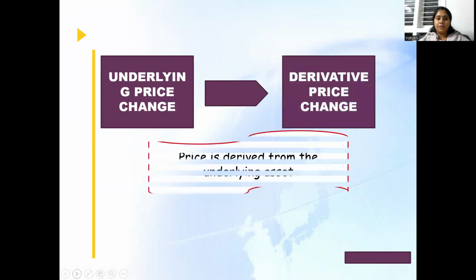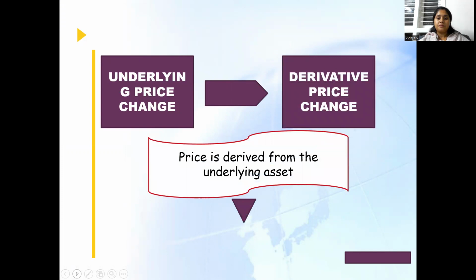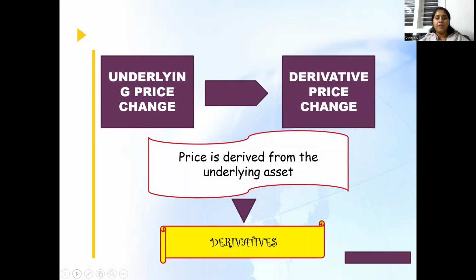So this is how it works. Your underlying price changes, your derivative price changes, since the price is derived from the underlying asset. For example, I have an underlying asset, gold.